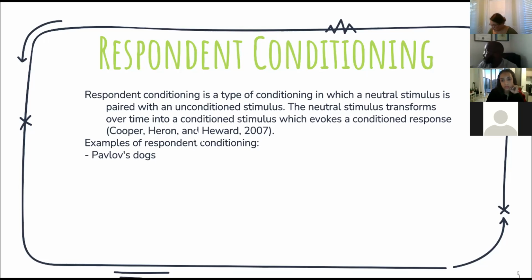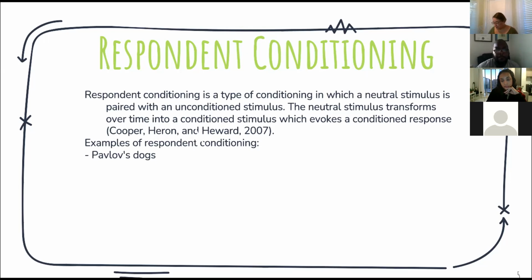Okay. And then what you were talking about, always think about the behaviors with the US and the UR, they're being paired. And for operant, it's the ABC, so stimulus, response, and then the consequence, right?